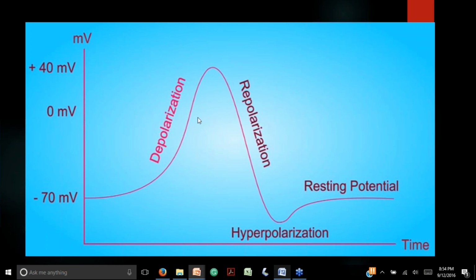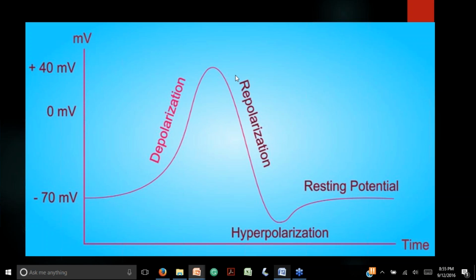In this graphic we can talk about cardiac muscle, smooth muscle, skeletal muscle, and the nervous system. The muscles are going to produce what we call the depolarization, that is the contraction of the muscle. In the nerve cell it is the initiation of the electrical impulse.